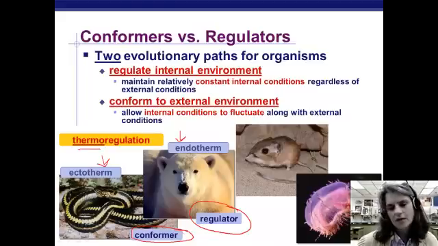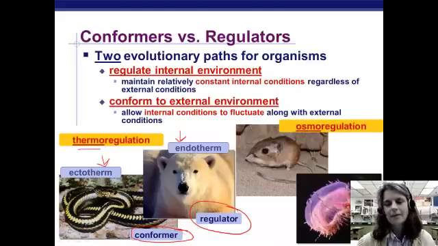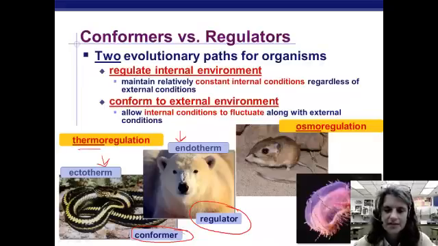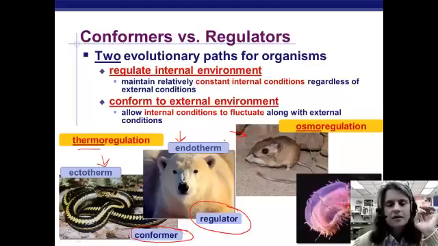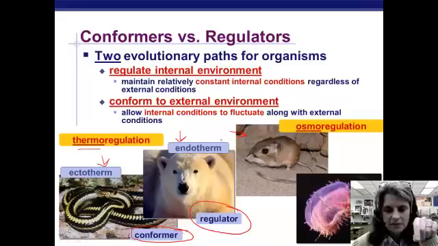Now, over here on the right, we have two organisms and some new words. This little guy is a kangaroo rat. He lives in the desert, generally. Desert Southwest, I believe they're found, and they hop. I think that's how they got their kangaroo status. But they are exquisitely adapted to living in the desert.